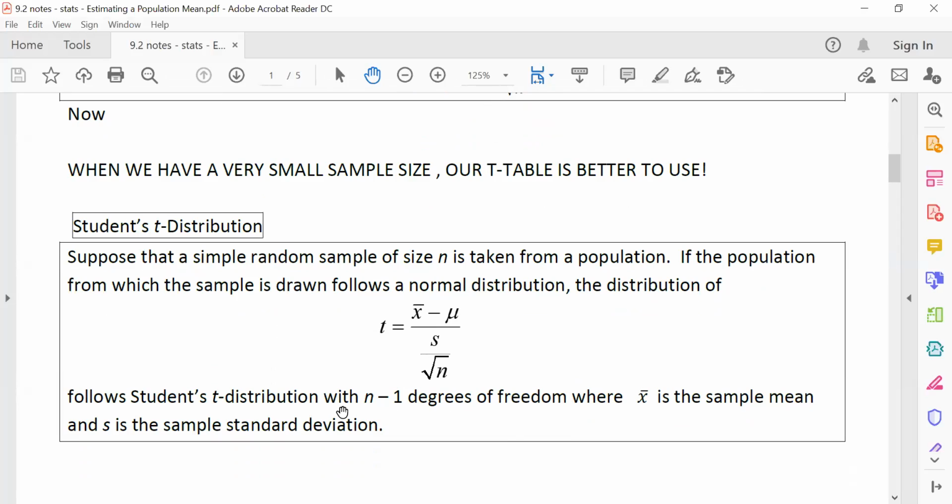Without going into uber detail about that, the degrees of freedom is just going to be your sample size minus 1. So whatever the sample size you're dealing with is, take 1 off of that, and that's what's called your degrees of freedom. You're going to use the degrees of freedom to look up t-scores on the t-score chart. Just like we have a z-chart, we also need to have a t-chart for similar reasons.